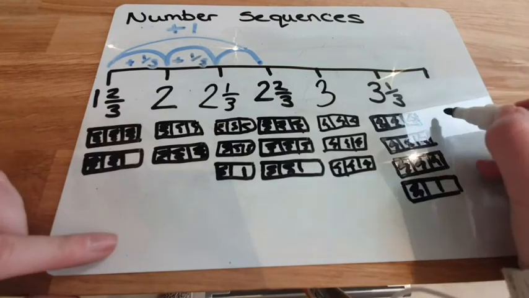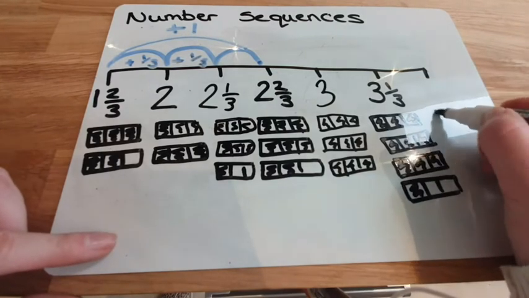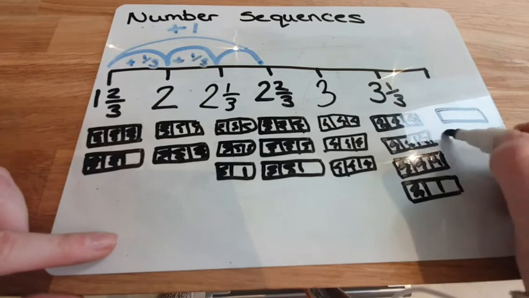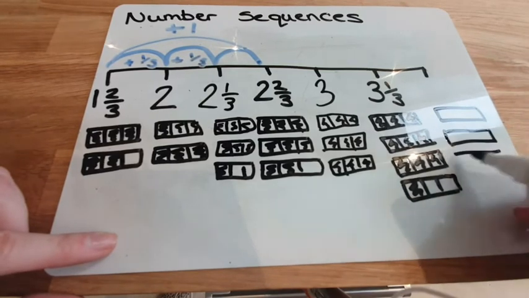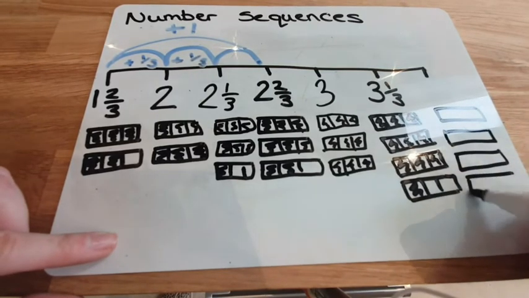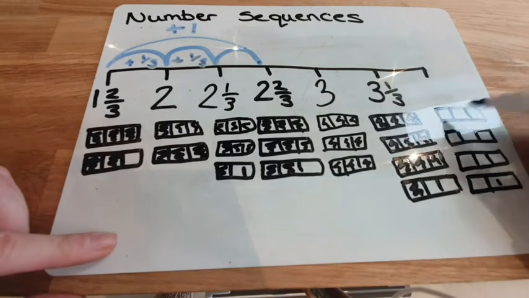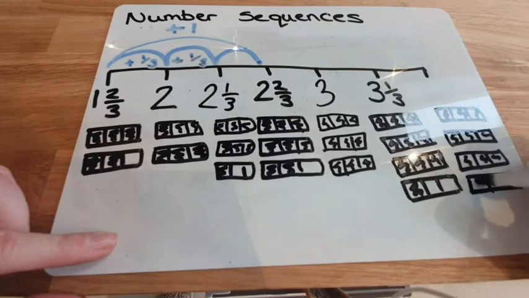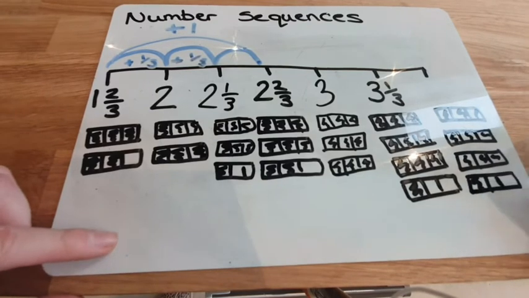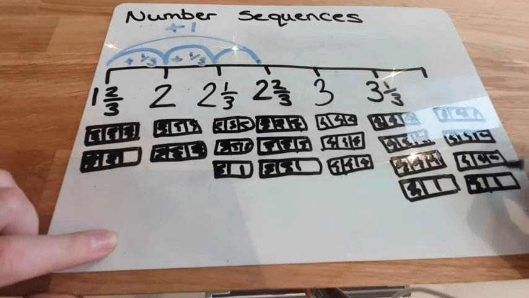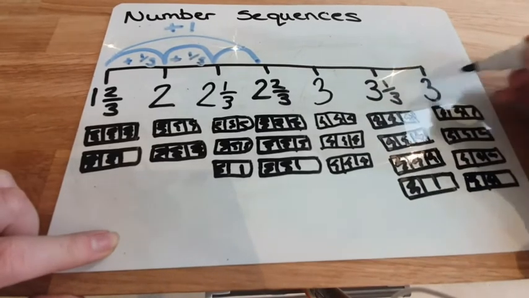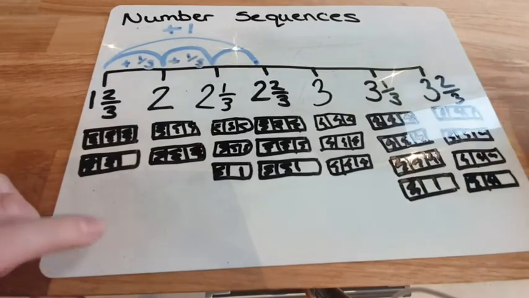We've already got 3 and 1/3, and then we've got the last one. We've already got 3 wholes and a third. So then we add on another third, which is 3 and 2/3.